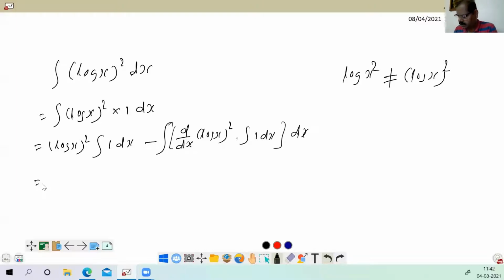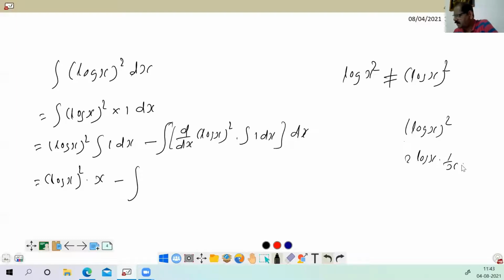So (log x) whole square into integral 1 dx is x, minus integral of d by dx of (log x) whole square. That is the function of a function rule. The basic function is (log x) whole square, so its derivative is 2 into log x into the derivative of log x, that is 1 by x.